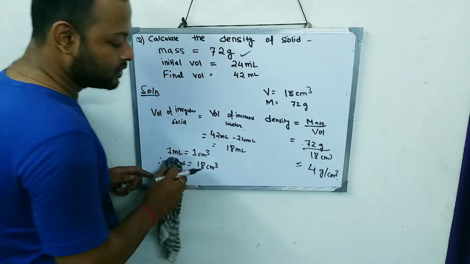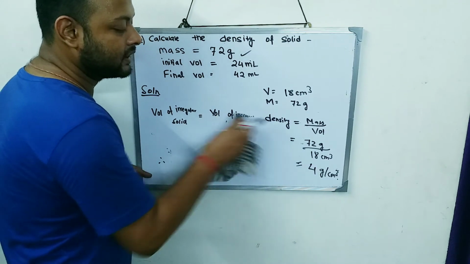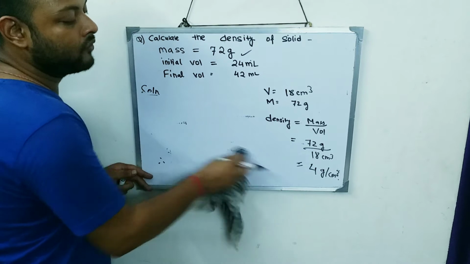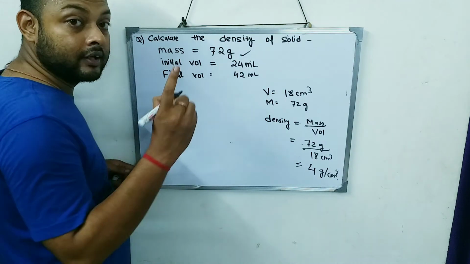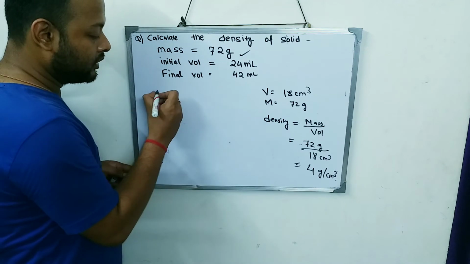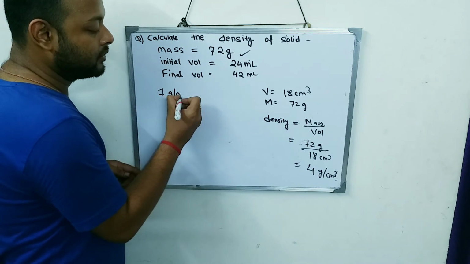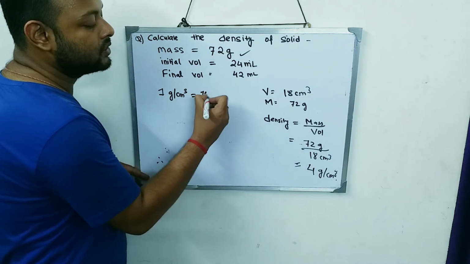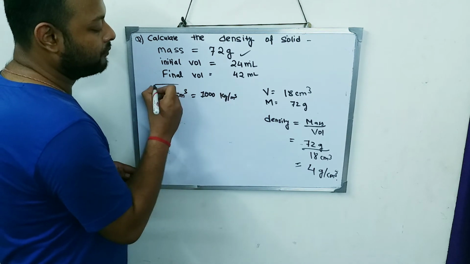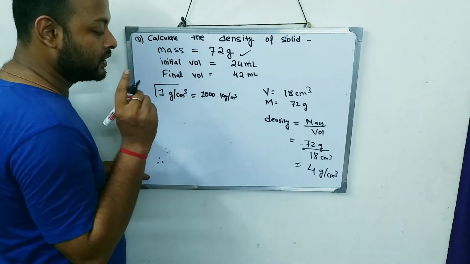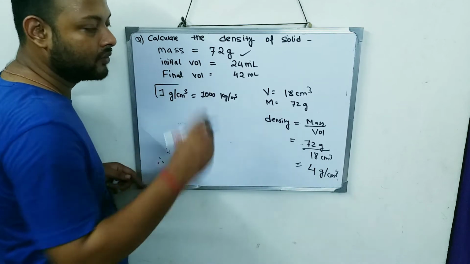Suppose you have the question that they are asking the answer in SI unit. And how to go from here? Then you write this thing. In lecture number 2 I have taught you that 1 gram per centimeter cube is equal to 1000 kg per meter cube. You have to use this relationship between the CGS unit of density and SI unit of density.